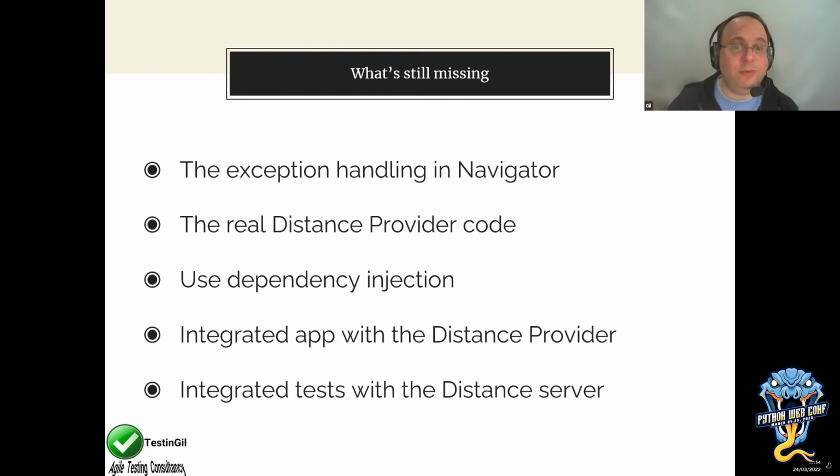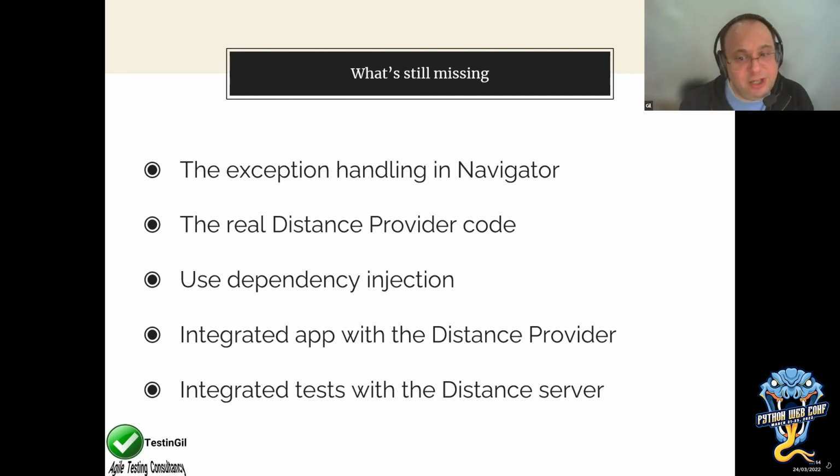Second thing is integrate the real distance provider, right? We want to see that it actually works with a third-party service. So we need to implement not just for the tests, but also for the application, the initialization of this provider. And this is something I didn't go into, but I might want to use dependency injection here, inject it differently in application mode, in production mode, rather than testing.